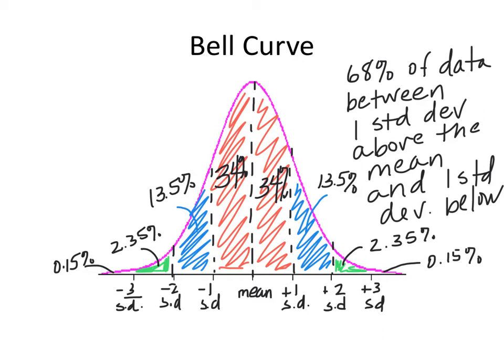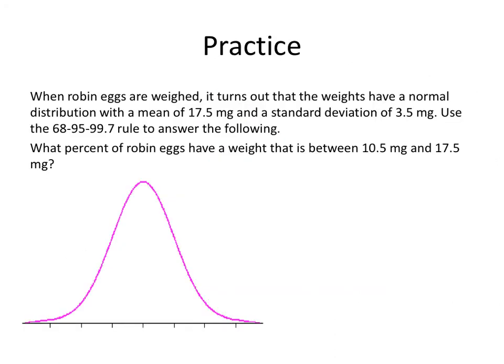So let's take a look at a particular problem. When robin eggs are weighed, it turns out that the weights have a normal distribution with a mean of 17.5 milligrams and a standard deviation of 3.5 milligrams. Use the 68, 95, 99.7 rule to answer the following. What percent of robin eggs have a weight that is between 10.5 milligrams and 17.5 milligrams?